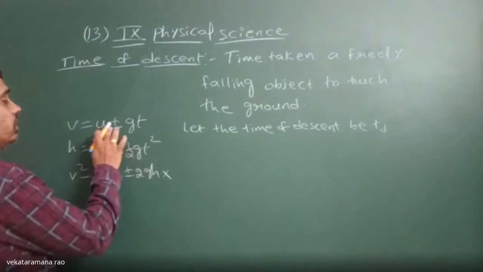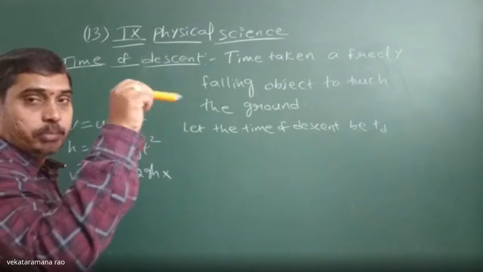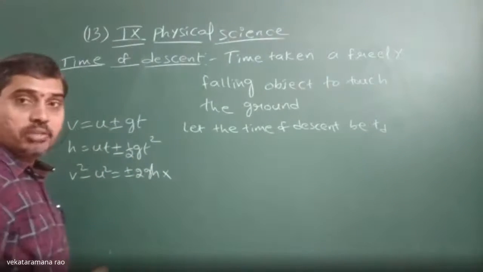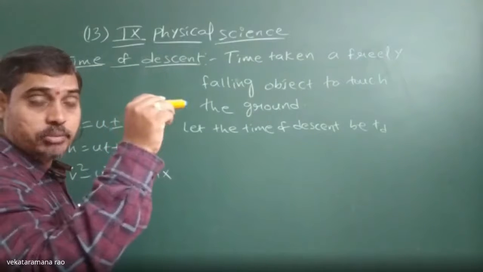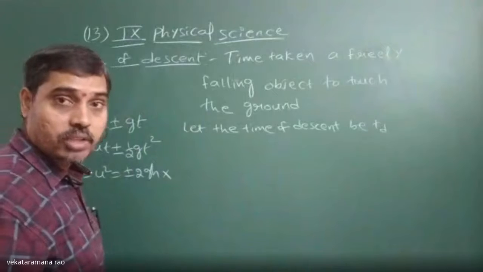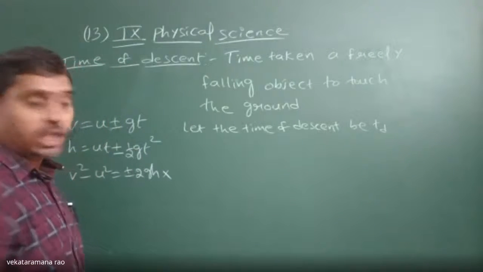But the initial velocity of a freely falling body is 0 whenever you are dropping any object. Here we should know the final velocity, but before dropping an object, we don't know how much time it will take. We don't know what its final velocity will be while touching the ground.